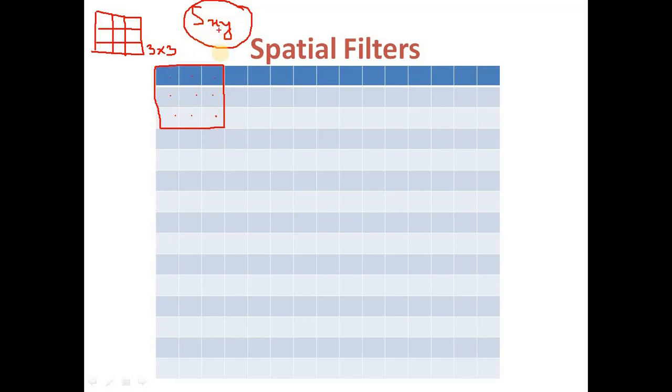This S of x,y will change if the kernel shifts one pixel to the right.